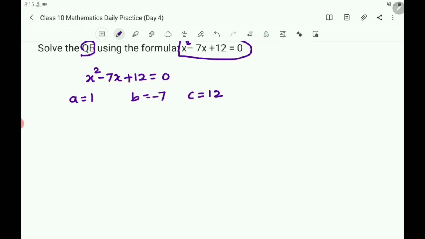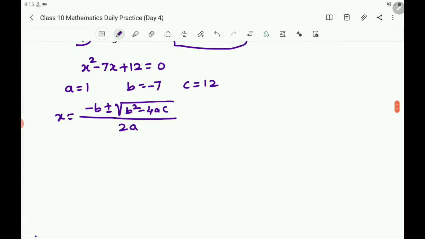What is that formula? x equals minus b plus or minus whole root b square minus 4ac by 2a. Then x equals minus, write the value of b. What is the value of b? Value of b is minus 7.